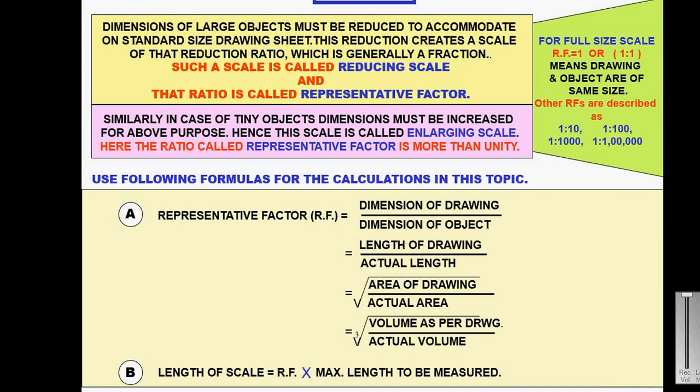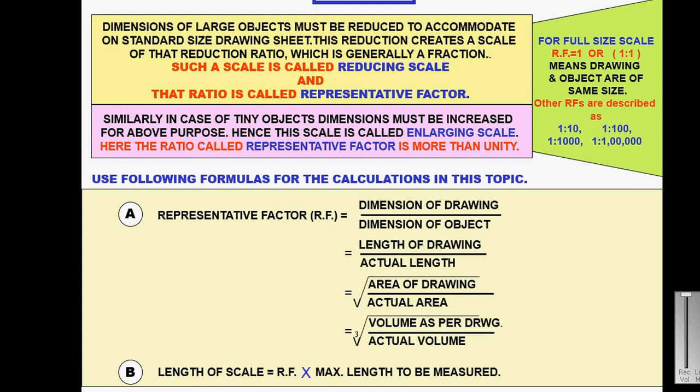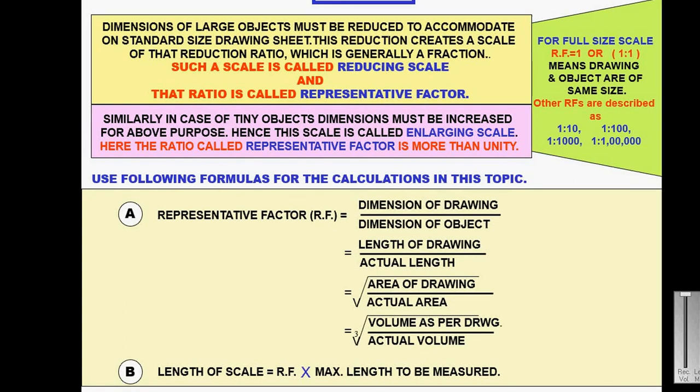Similarly, in the case of tiny objects, like for example the gear inside of a watch, the dimensions must be increased for the above purpose. Hence, this scale is called an enlarging scale, and that ratio is called RF, or representative factor, which is more than unit.